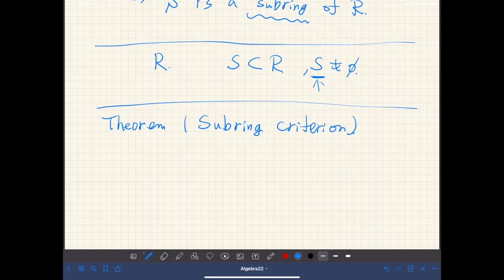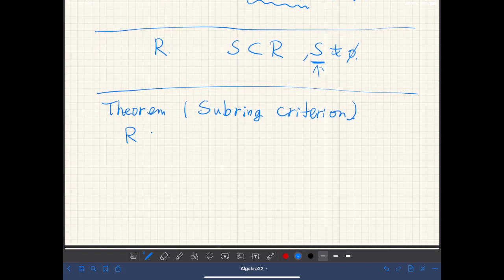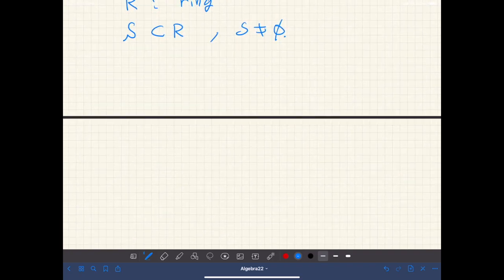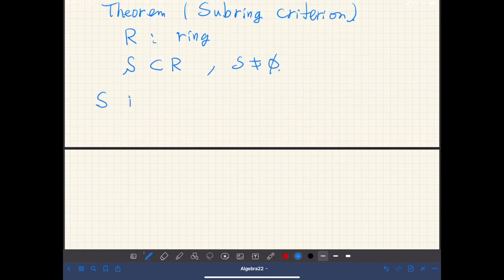Here it is. We assume R is a ring with some addition and multiplication defined, and S is a non-empty subset of R. Then S is a subring of R if and only if the following three conditions are met.